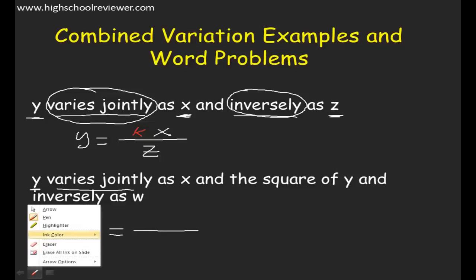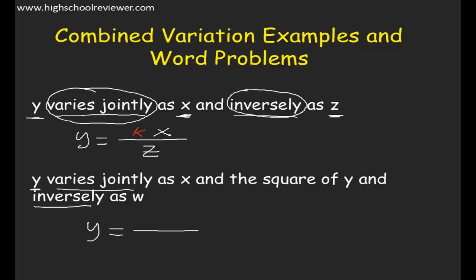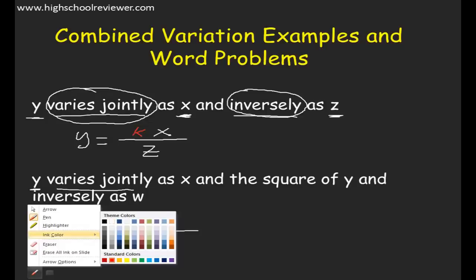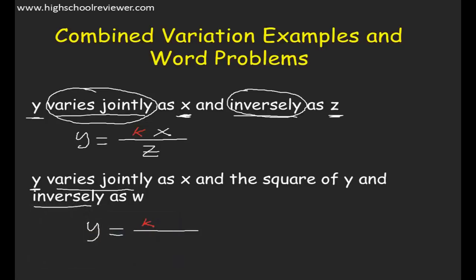And the first variable for our numerator is the constant of variation, that is the k. Now, the variables for the numerator: y varies jointly as x, so x is a variable that varies jointly, and the square of y. So we have here two variables that vary jointly, x and the square of y. So k will be multiplied by x and the square of y, or y squared.